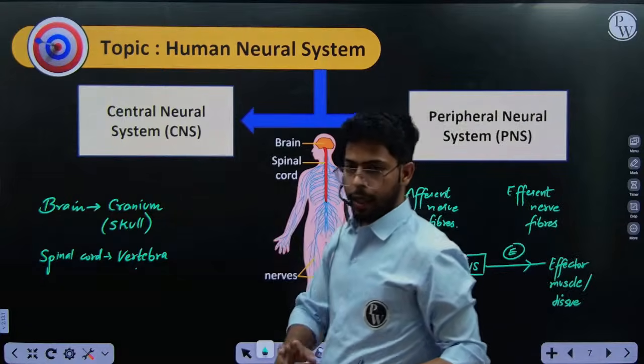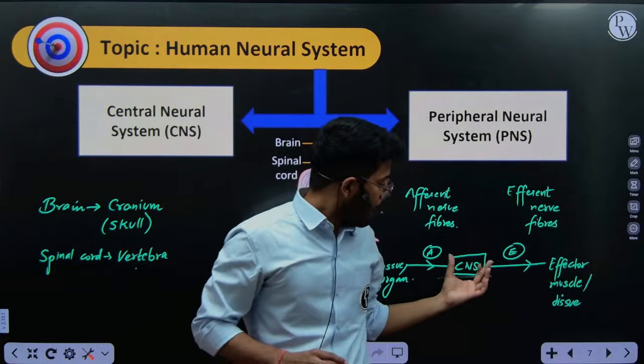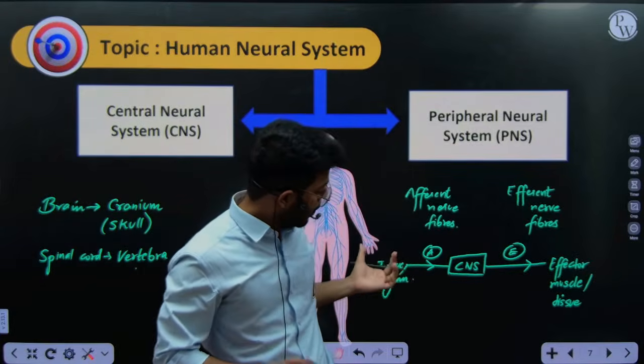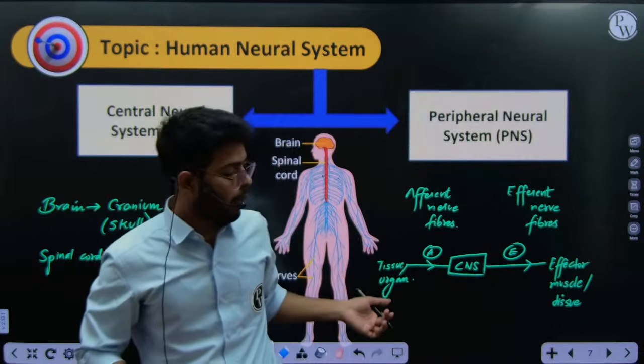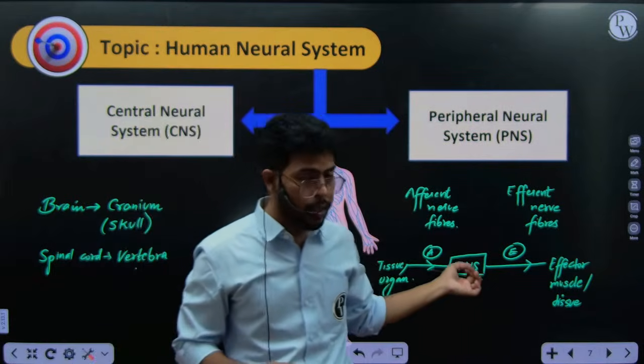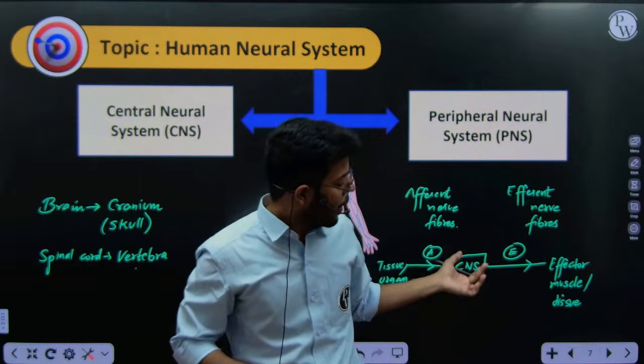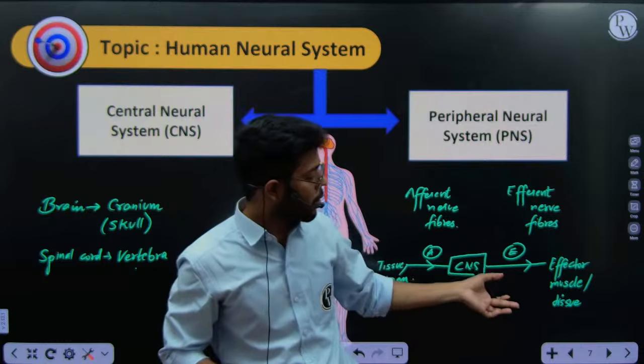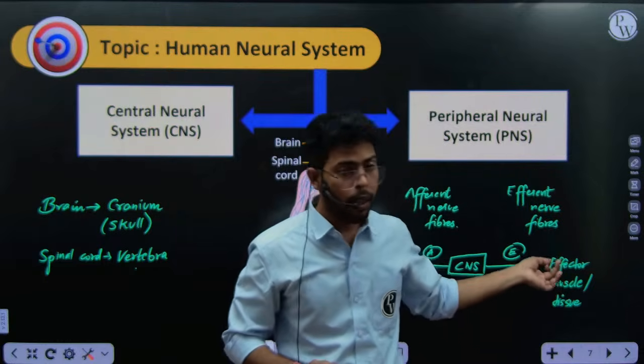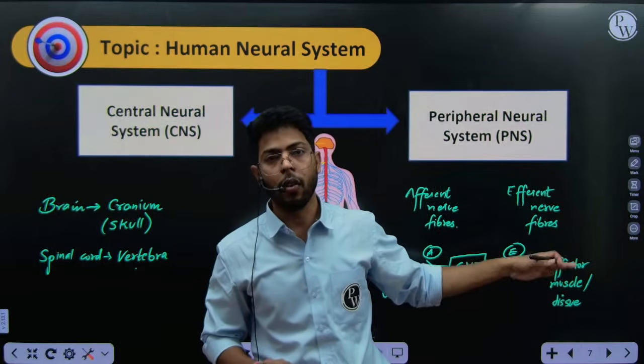So there is a basic difference: in afferent the signal is transmitted from sensory organs to the CNS of our body, but efferent nerve fibers exit from the central nervous system to the effector, any muscle or any tissue.